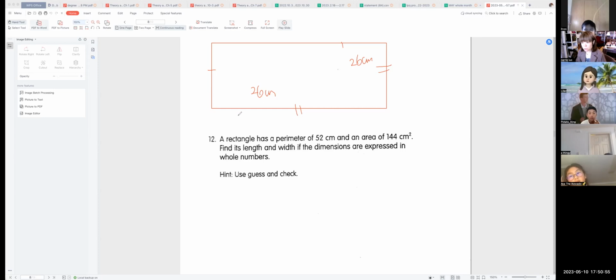So how do we solve this problem? This problem is a bit difficult, right? So we know two numbers times together equals 144, and a plus b equals 26. So let's see. 144 equals 2 times 72?